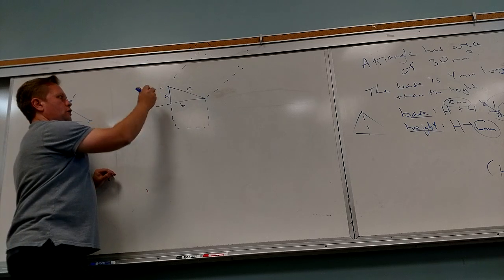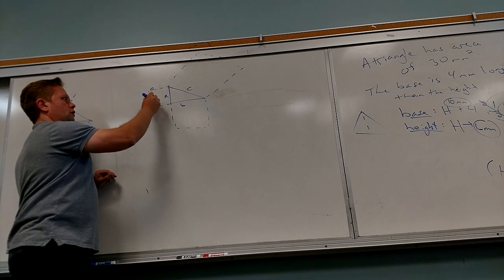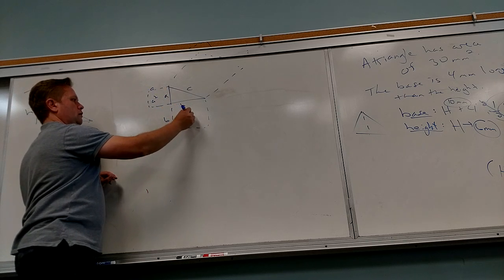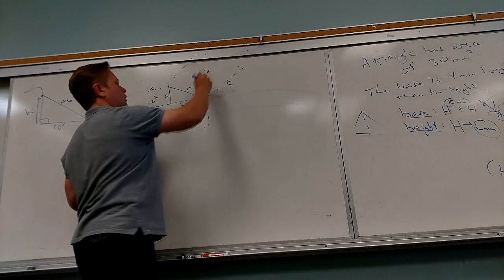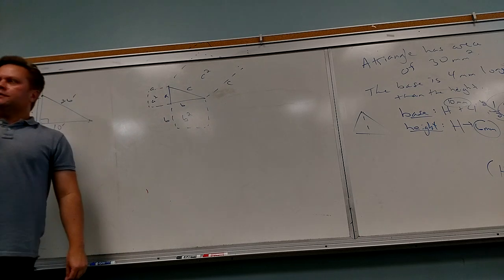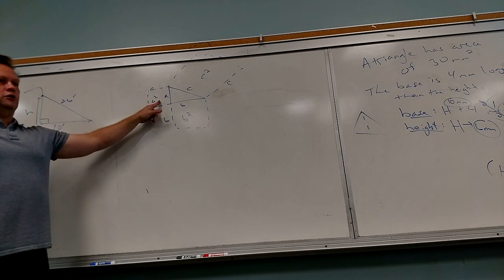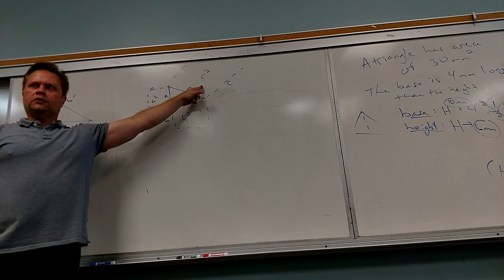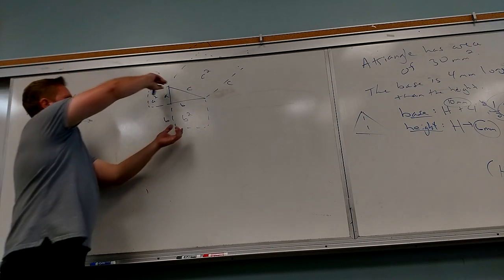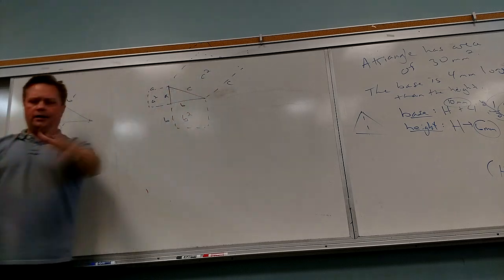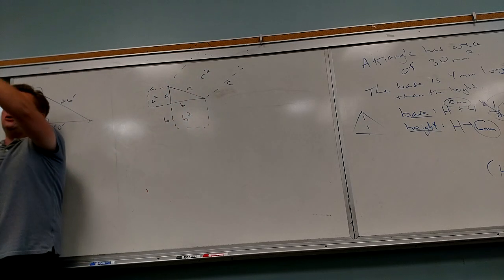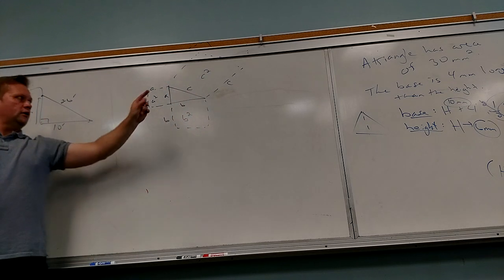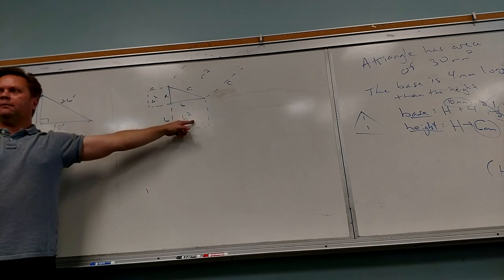So what's the area of the square? A squared. B squared. C squared. So what the Pythagorean theorem says is that the area of that square plus the area of that square equals the area of that square. And there's this really cool thing somebody constructed where you turn it this way with this on the bottom and it's full of water. And if you turn it over, all the water goes up and completely and totally fills these two up.